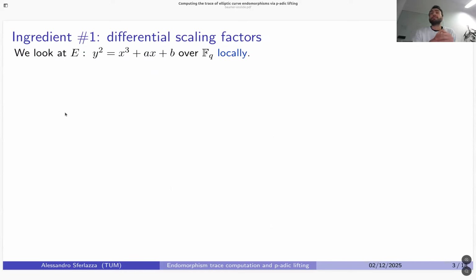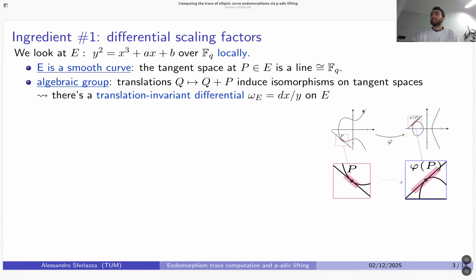The first ingredient that we consider is that of differential scaling factors. What is it about? Basically, if we look at an elliptic curve locally, well, it's a smooth curve. So around every point, the curve can be locally approximated by a line. It looks like the base field because it's a line. And since it's also an algebraic group, all these tangent spaces, all these lines, must be compatible with one another.